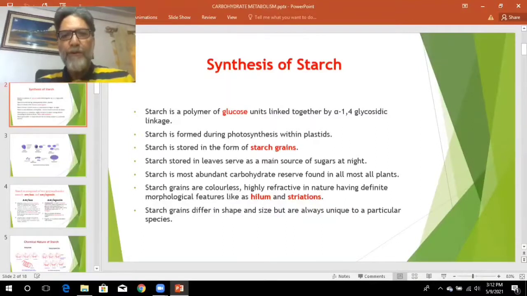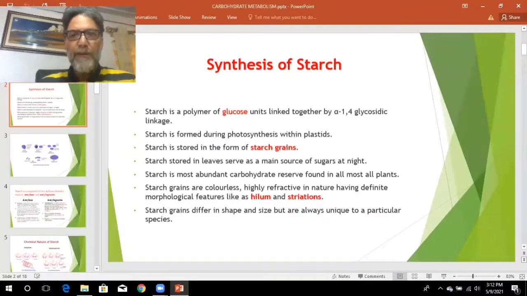That means you have a number of glucose units which are clubbed together by 1,4 glycosidic linkages, which results in a chain of glucose. That chain of glucose is called starch. And it is stored within the plastids or chloroplasts.